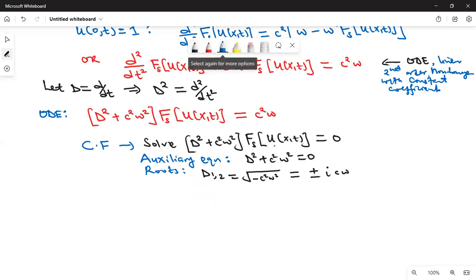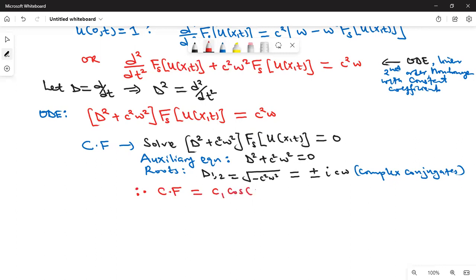So these roots are complex conjugates. Therefore our complementary function is equal to C1 cos of c omega t plus C2 sine of c omega t, where C1 and C2 are arbitrary constants. So that is the complementary function.